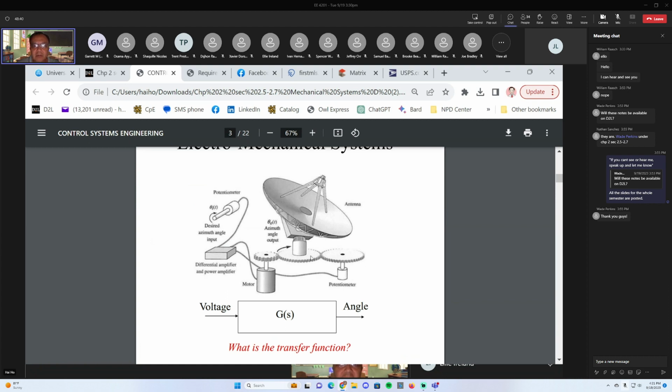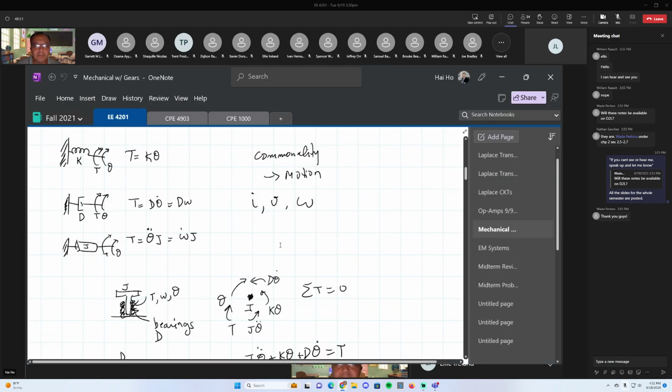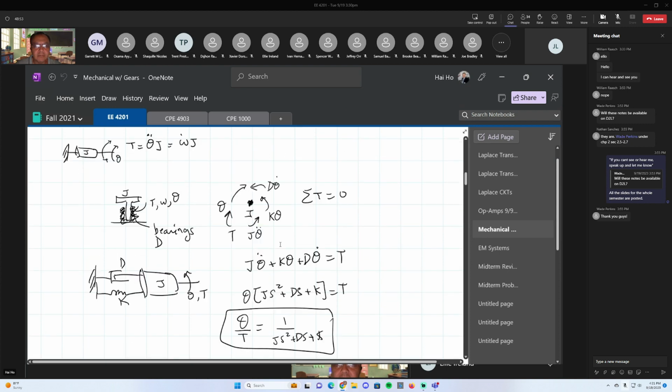So the bigger the inertia, the more torque is required from the motor to turn it, versus the smaller the inertia, which is going to require less torque. Okay. Similarly, now we draw the schematic and free body diagram and try to come up with a differential equation and the transfer function for this.